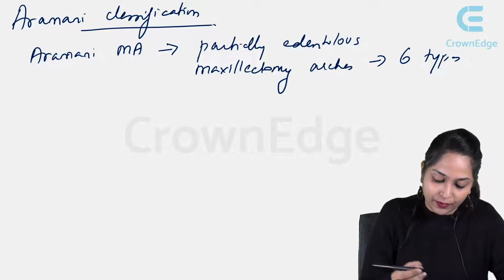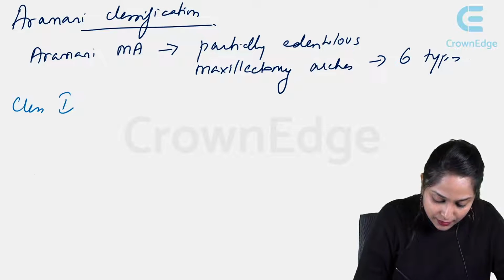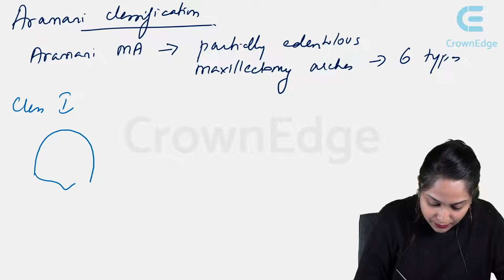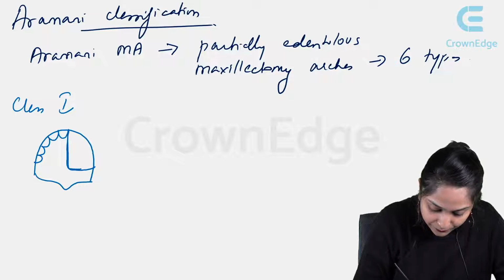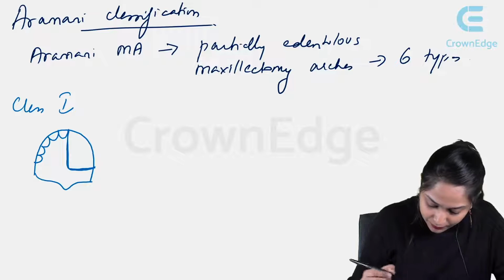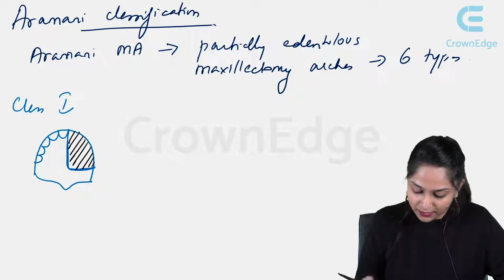So, coming to class 1, now class 1 is when the defect, when the resected portion, is along the midline of the maxillary arch. This is class 1.